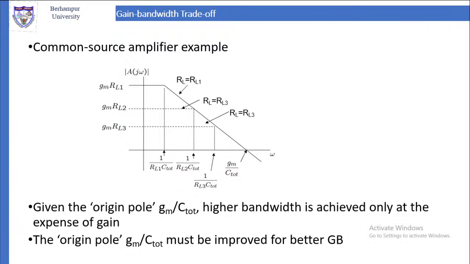If you want less bandwidth, you will have more gain. The origin pole, GM by C total, this is called the origin pole. GM by C total must be improved for a better gain bandwidth product.